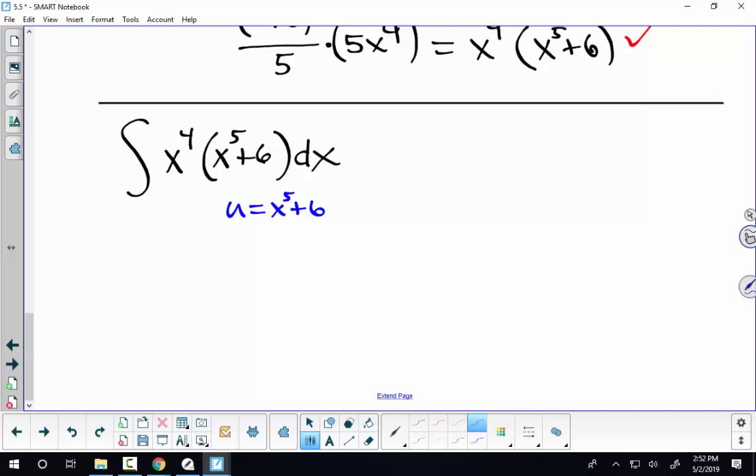So we're thinking, wouldn't it be nice if there were a 5 right here? If I put a 5 right there, if I multiply my entire function by 5, what else do I have to do to keep that equivalent? Divide by 5.